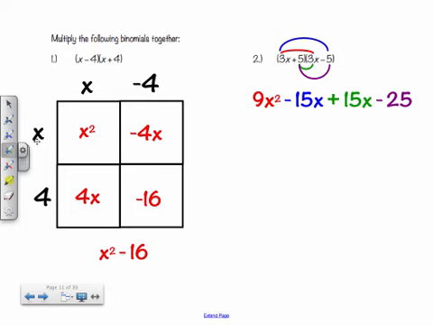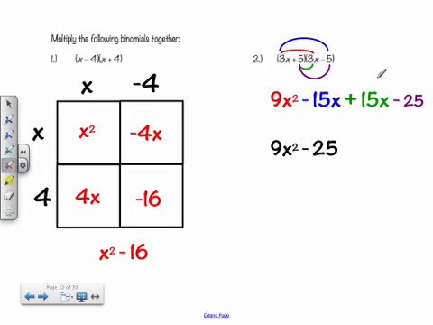All right. Same thing, we've got some like terms, so we're going to combine our like terms right here. But because one is a negative 15x and one is a positive 15x, those two terms will end up canceling each other out, so they're gone, and that's why you end up getting 9x squared minus 25. Now, as you're doing these examples, you should notice some things that are in common with questions number 1 and number 2.